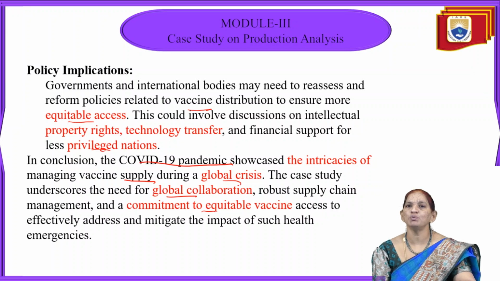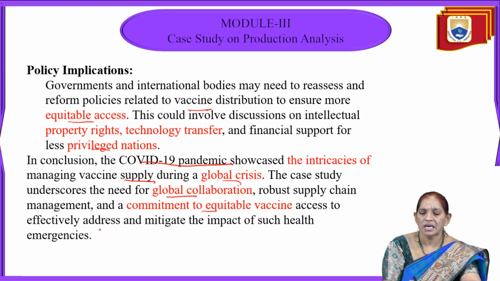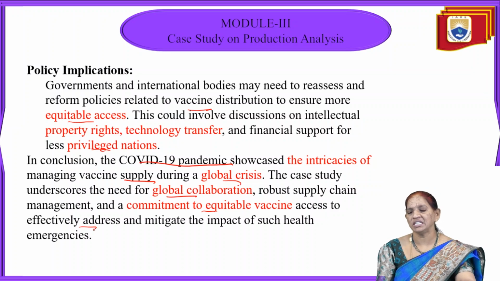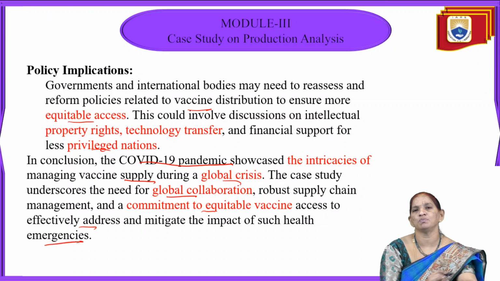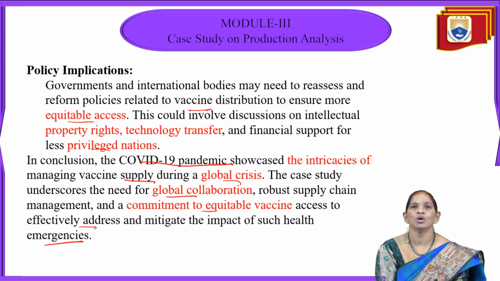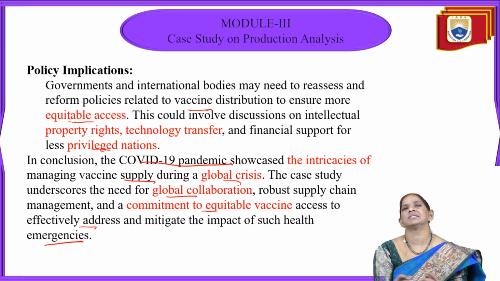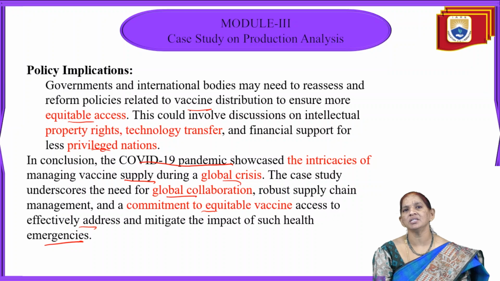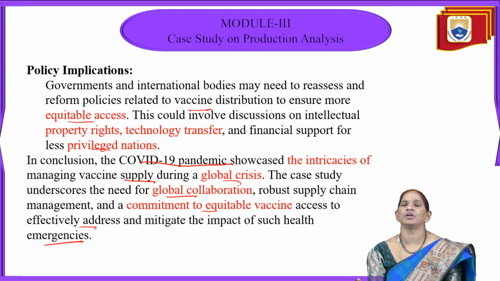The distribution must be in an equitable manner, which gives an effective response to mitigating such health emergencies. All countries should respond, as the impact comes in health emergencies throughout the world or in a particular nation. So equitable distribution and assistance by international agencies and governments should come forward.